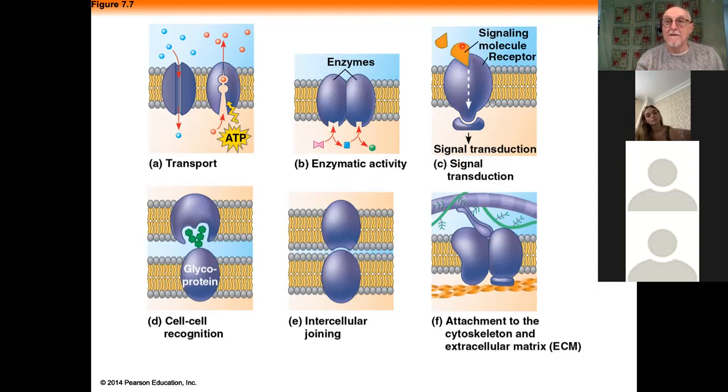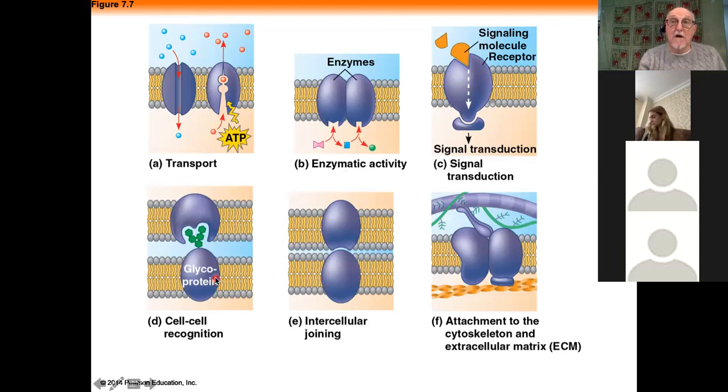For example, there are proteins which are able to perceive specific molecules or specific environmental conditions, pH, oxygen levels, these sorts of things, and transfer that information to the cytoplasm. Take note, this is not transporting the signaling molecule. It's binding the signaling molecule, and it's generating a signal, which it sends to some aspect of the cytoplasm.